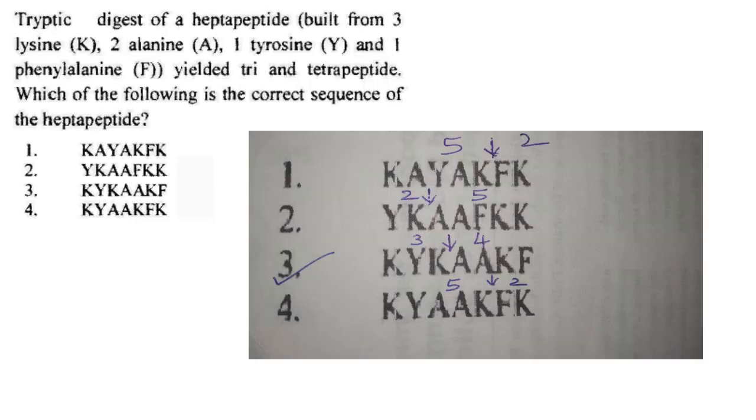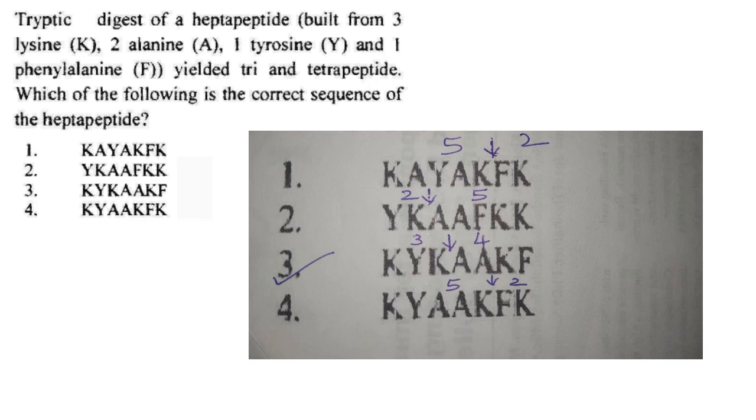Next one. Tryptic digest of a heptapeptide built from 3 lysine, 2 alanine, 1 tyrosine and 1 phenylalanine yielded tri and tetrapeptide. Which of the following is the correct sequence of the heptapeptide? So here they have digested a heptapeptide with trypsin and it yielded tri and tetrapeptide.